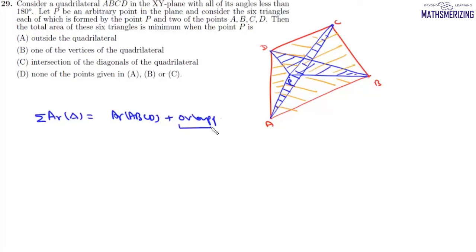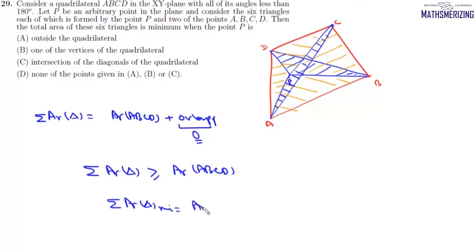Now what is the minimum value of this overlapping area? The sum of areas of all triangles will always be greater than or equal to the area of ABCD. Now we'll get this equality sign, that is, this sum of areas will be minimum and will be equal to the area of this quadrilateral ABCD when the area of APC is 0 and the area of BPD is 0.